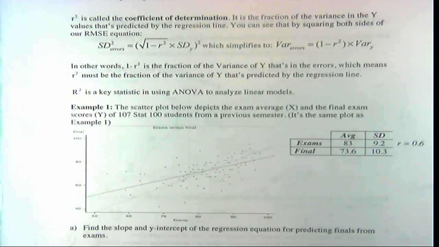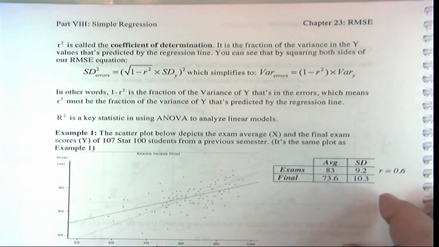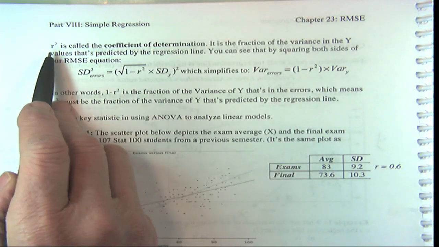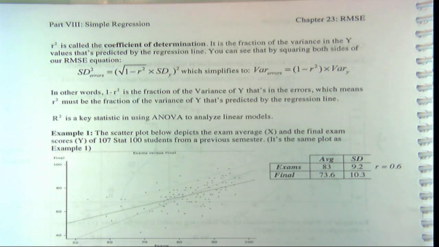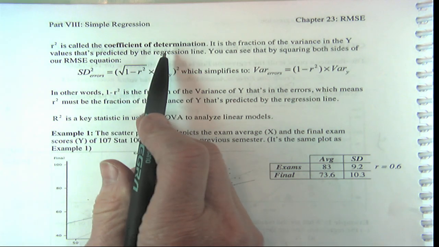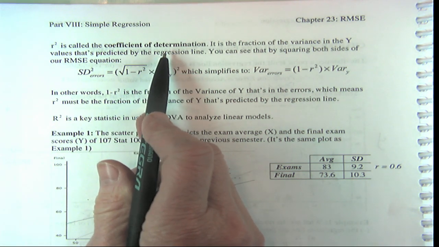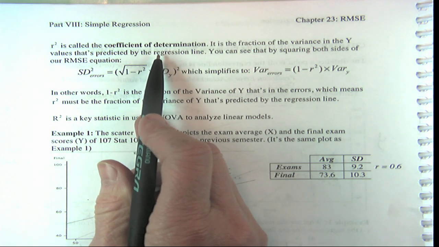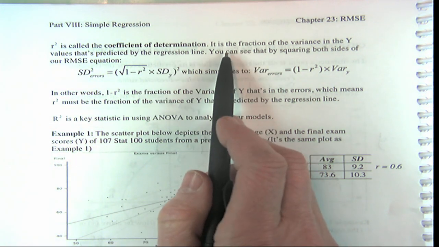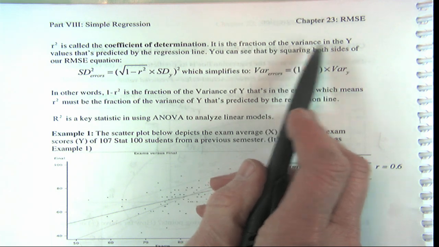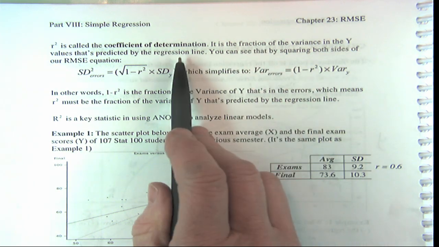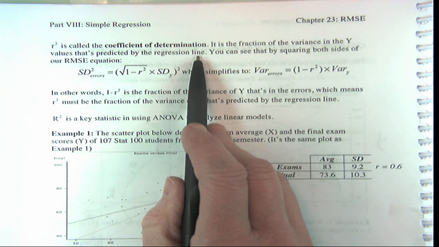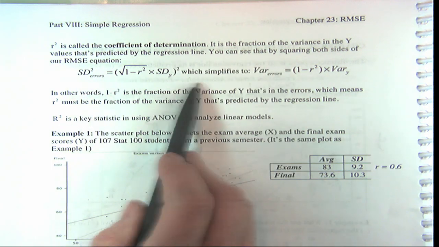This r, and particularly the square of r, is going to come up a whole lot in multiple regression. It's called the coefficient of determination. I don't know if you've seen that term before, but it is the fraction of the variance in the y values that's predicted by the regression line. You can see that by squaring both sides.